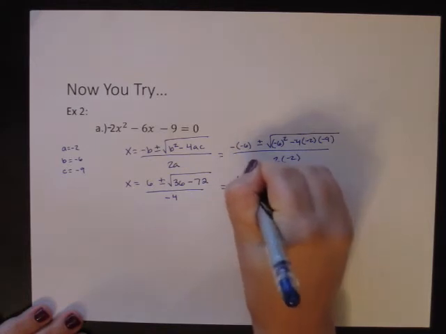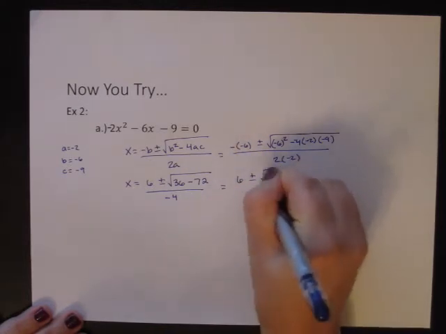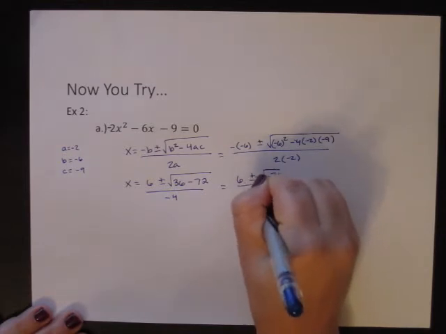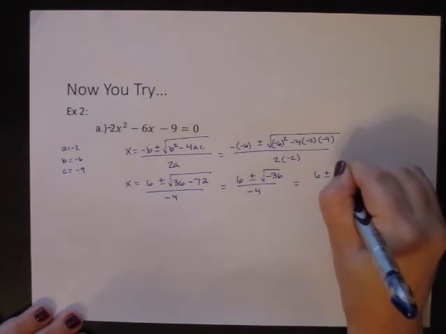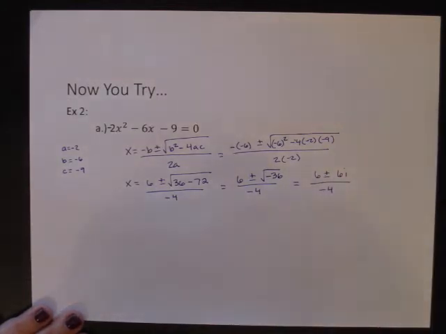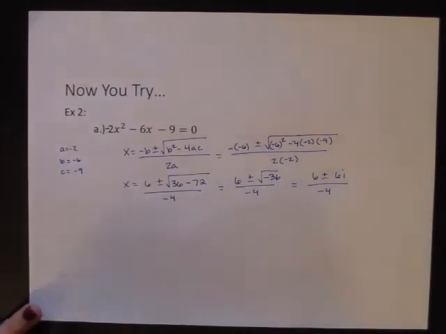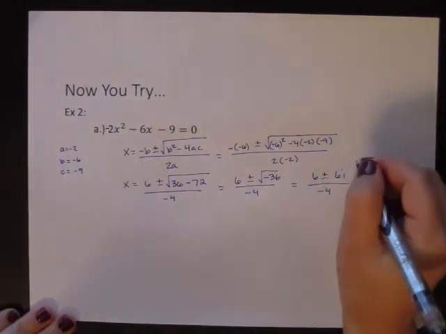So that will be 6 plus or minus the square root of negative 36 over negative 4, which will clean up to be 6 plus or minus 6i over negative 4. And remember, we can't have a negative in the denominator, and they're all even, so we're going to divide everything by negative 2 this time.